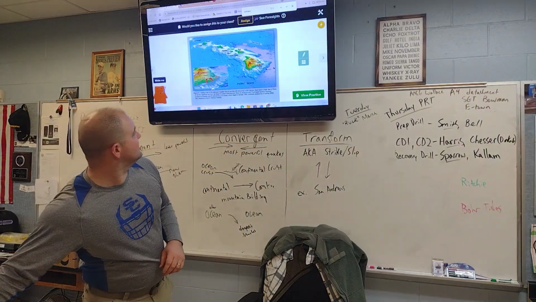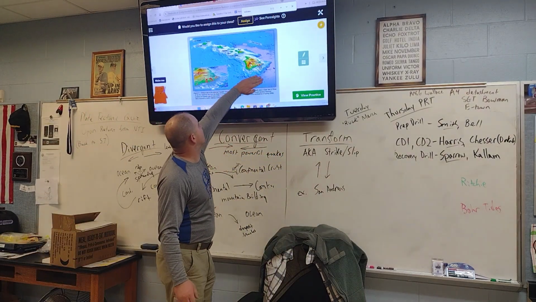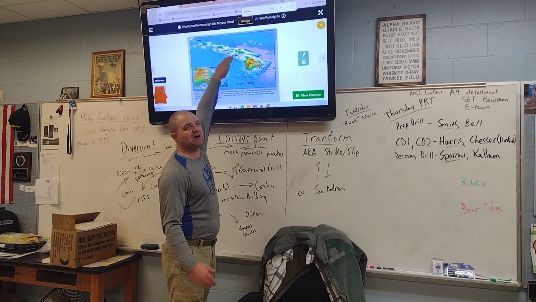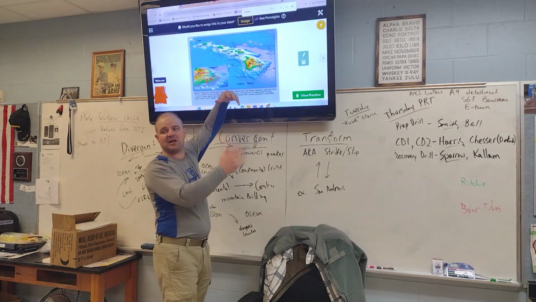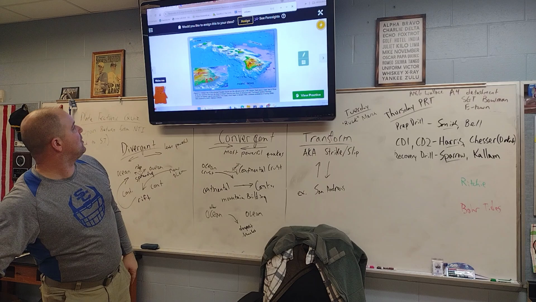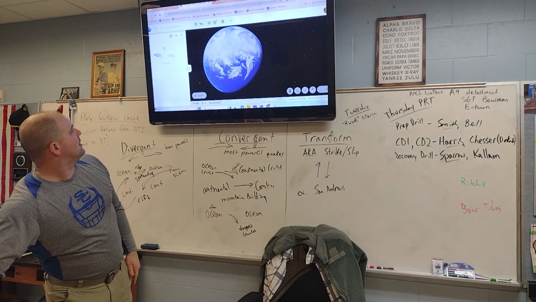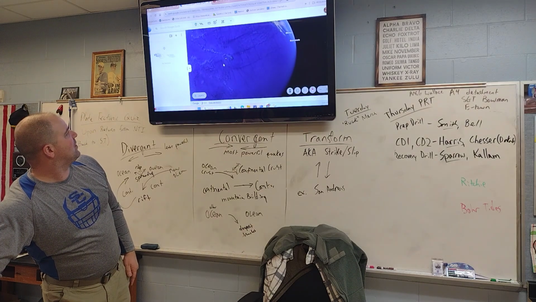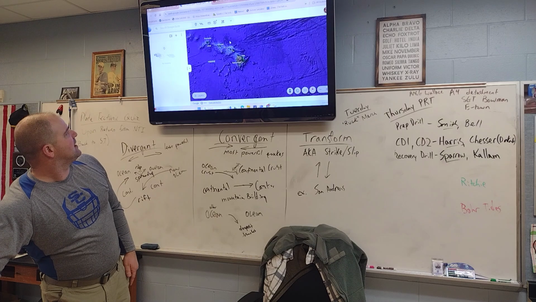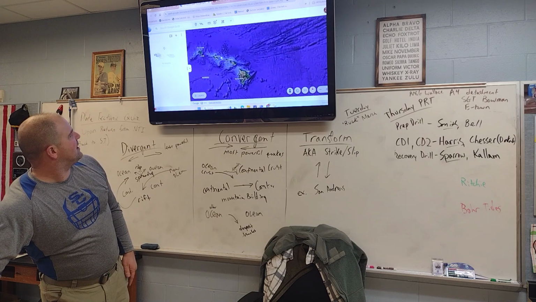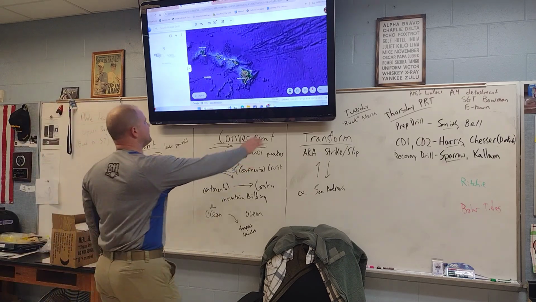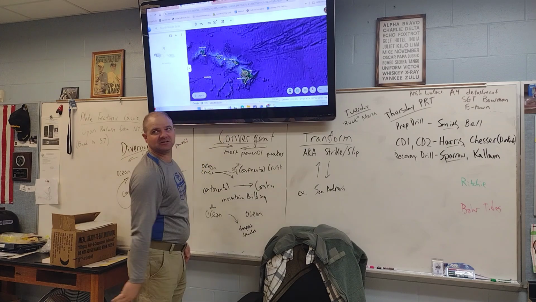So when we're looking at these islands, they move down off of that hot spot, they subside, and they erode away. So if we look at Google Earth, and we find the Hawaiian island chain, we say, okay, there is the Hawaiian island chain. Sure enough, we've got the largest one here. It's sitting on top of the hot spot.